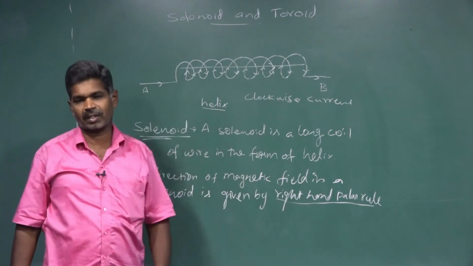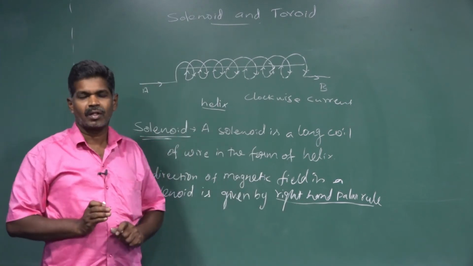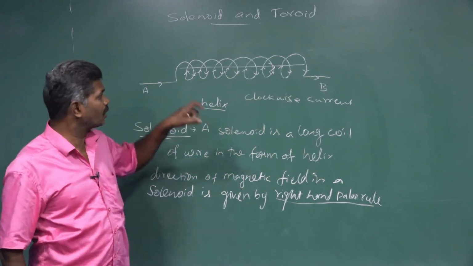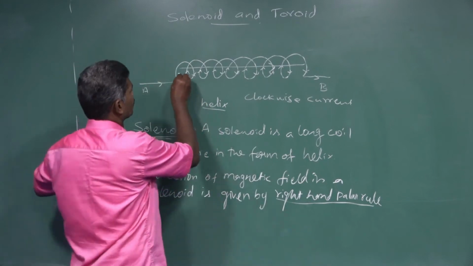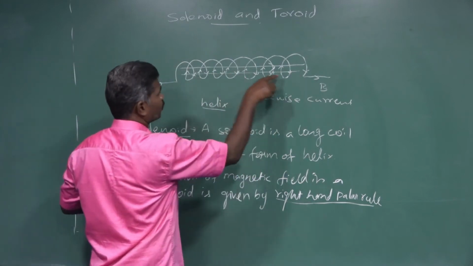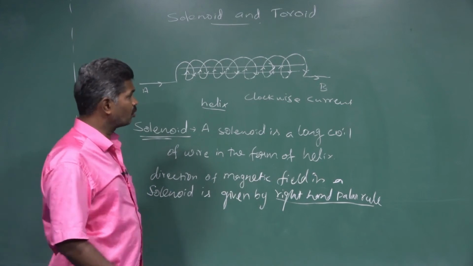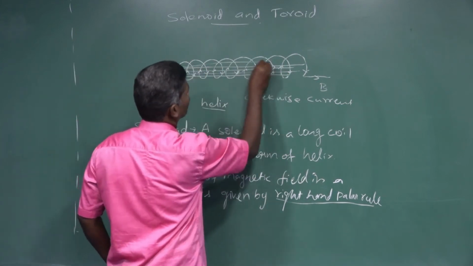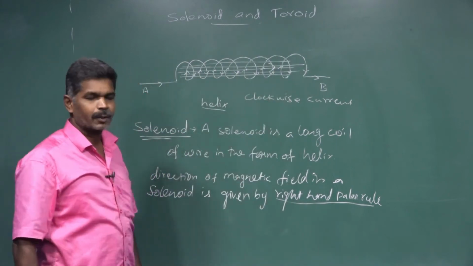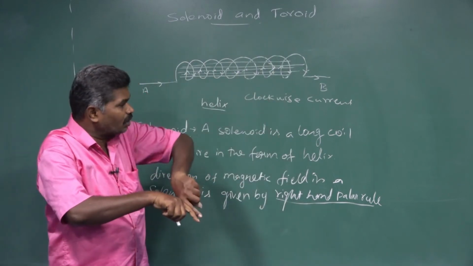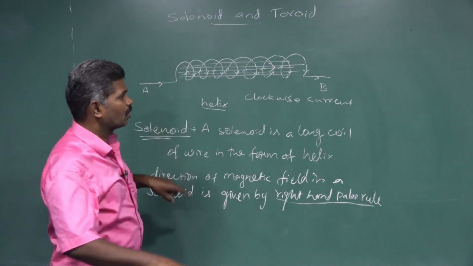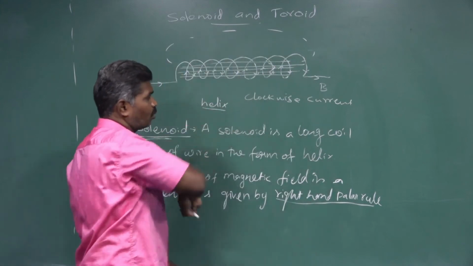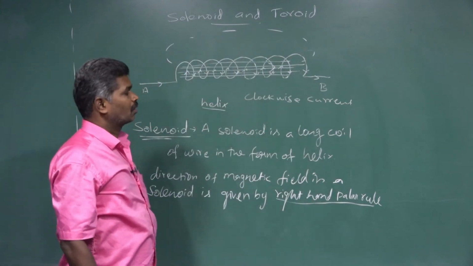As with a bar magnet, we have an internal magnetic field as well as an external magnetic field. The internal magnetic field acts from end A to end B. There are many parallel lines of force inside the solenoid. But those lines make closed curves, extending outwards.